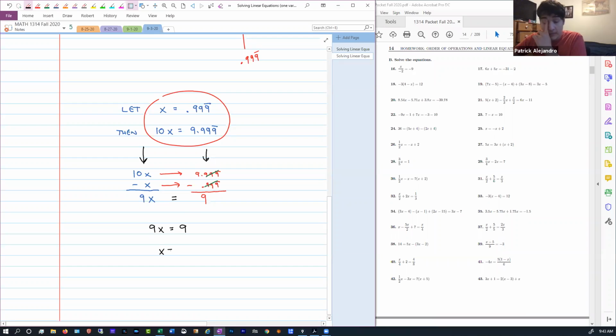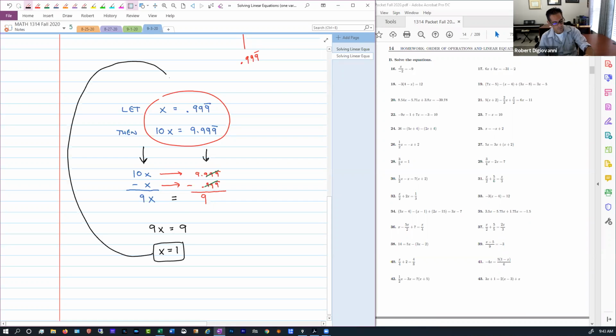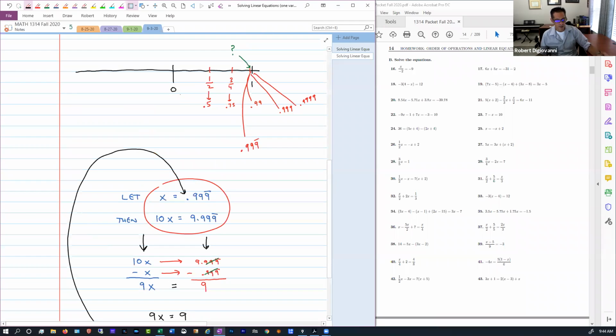So that means x is 1. But what did we say x was when we started? 0.9999 forever.